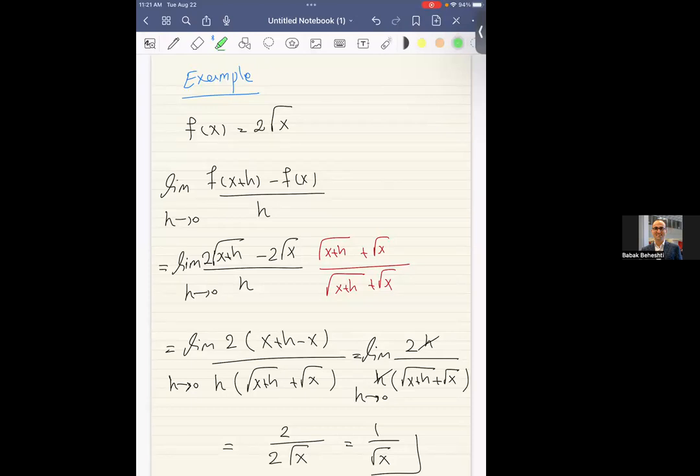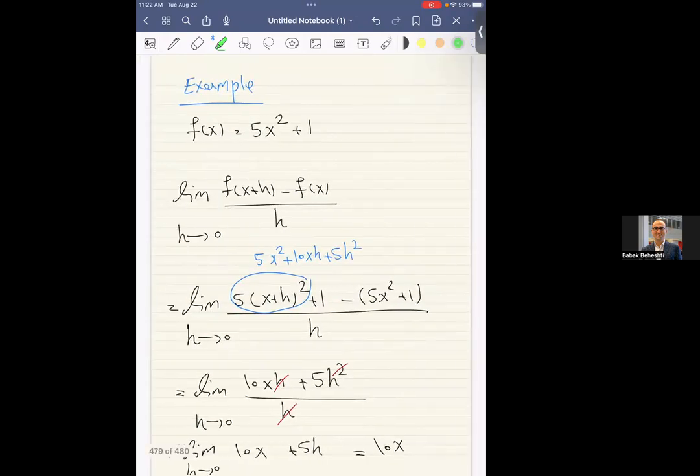So you see, on the numerator, when h goes to 0, the numerator is just 0 because it's root x minus root x, right? The denominator is also 0 when h goes to 0. So you have 0 over 0. So these are called indeterminate forms or indeterminate limits.